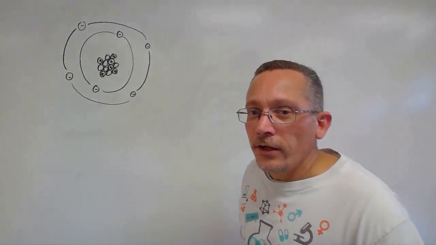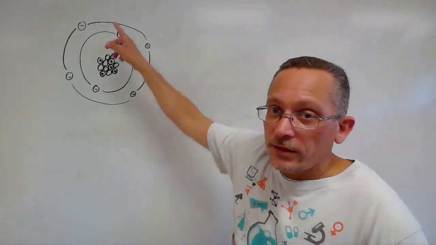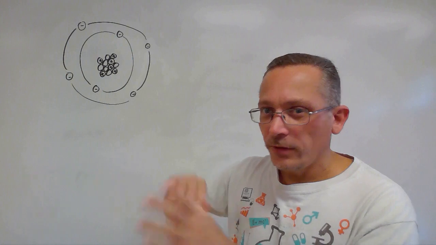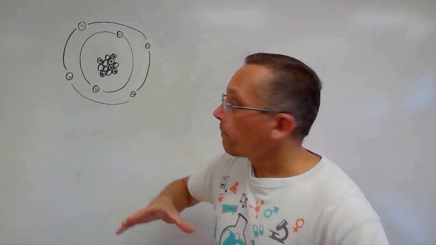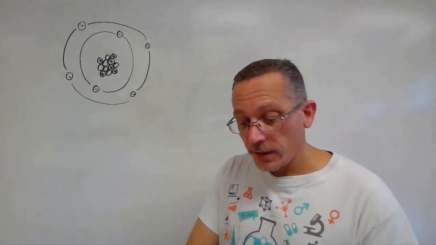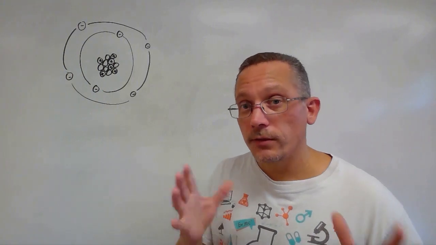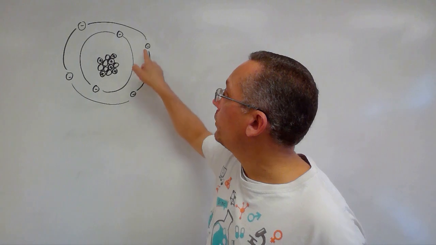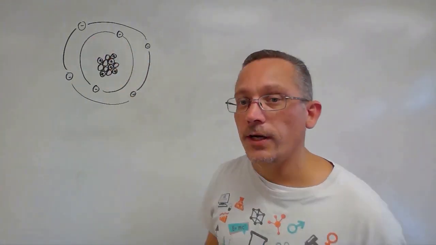How about this atom right here? You can see in this atom I've drawn my electrons in 2 different circles. It's called energy levels. We'll learn more about them a little bit later, right? Let's see, how many protons, how many electrons, and how many neutrons do I have in this particular atom right here? I have 1, 2, 3, 4, 5, 6 electrons.